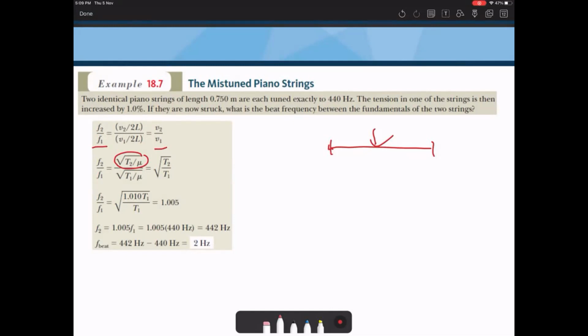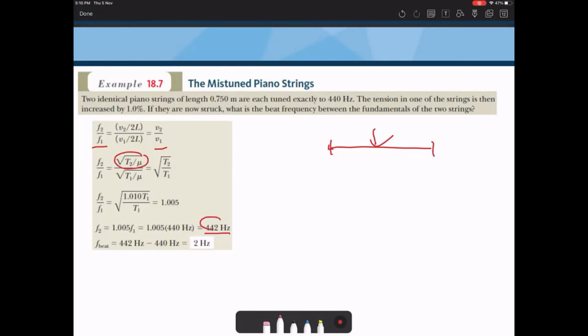By making this consideration, you could see what is the relation between the frequencies and the tension. And then if one of the strings is tightened by 1% in tension, then it would generate a different frequency compared with the original string.